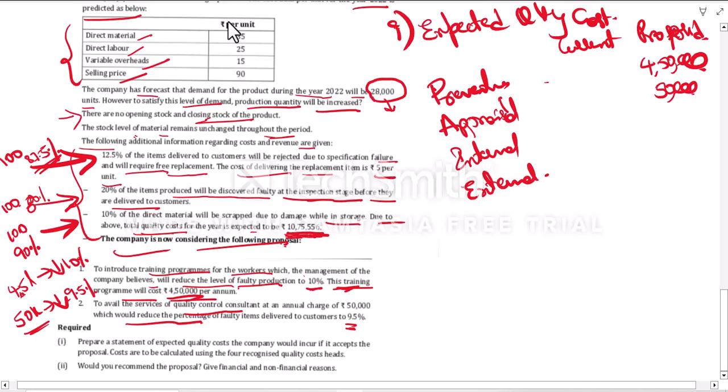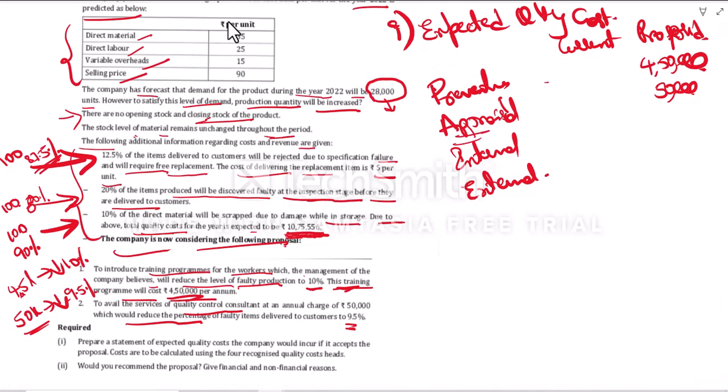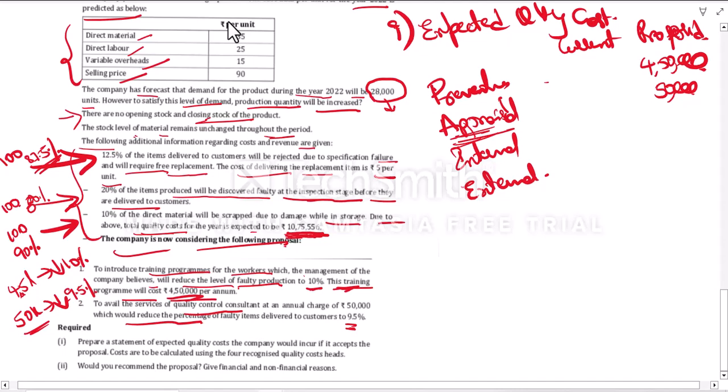Why have we included it in appraisal cost? Because it is during the process, they were trying to reduce the percentage of faulty items delivered to customers. They were stopping the faulty products from reaching customers, and it is not an internal failure cost. It is not because of internal failures. So we have included the same in appraisal cost, and the rest of the costs we have to find out.